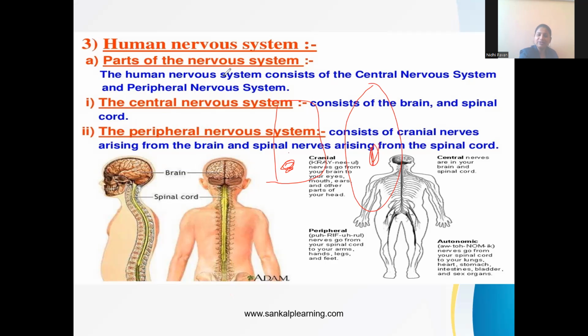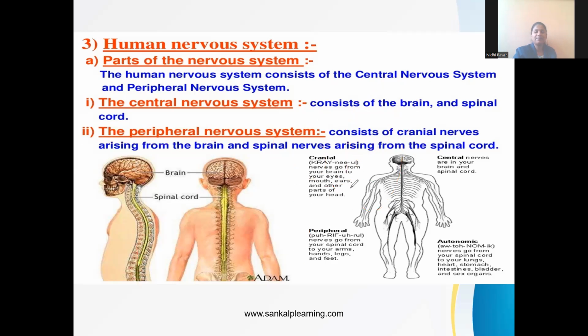When the nucleus was at the sides, we used a word called periphery. What is periphery? At the sides. So by this you can understand that the peripheral nervous system is the nerves which are at the sides.